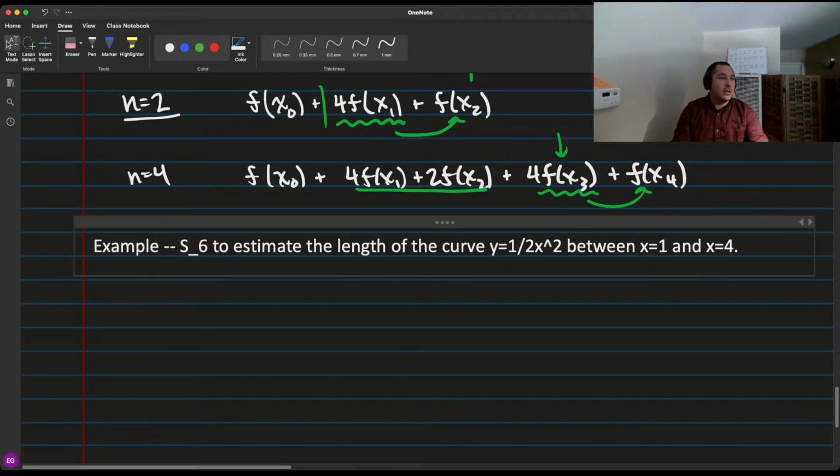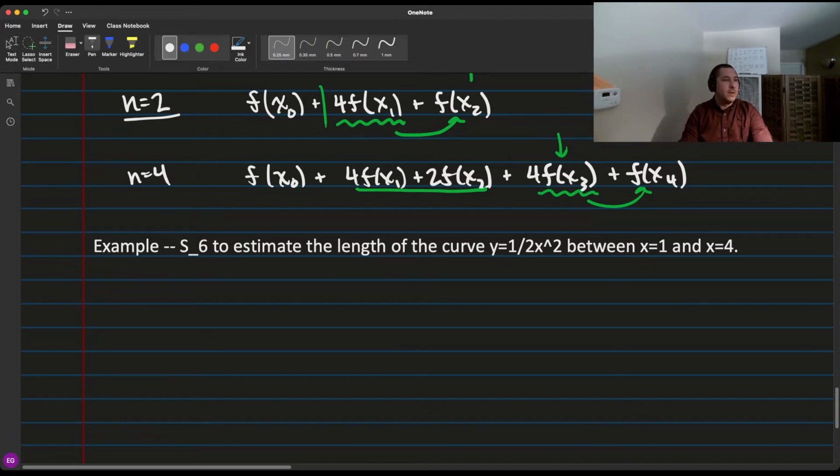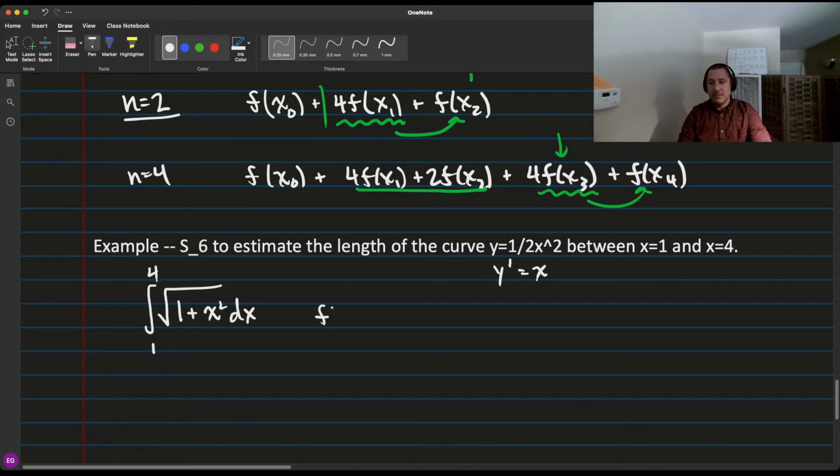Remember how we did the arc length estimation before with the midpoint? First, let's set up our integral. We're finding the arc length from 1 to 4, the square root of 1 plus y prime squared, and y prime is just x, right? So you get the square root of 1 plus x squared dx. So the function that we're actually estimating is f of x equals the square root of 1 plus x squared.